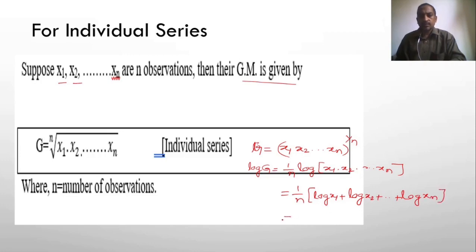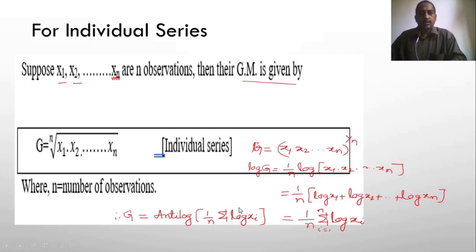This can be written as 1 by n summation log xi, i equals 1 to n. Since we get log G and we need only the geometric mean, G equals anti-log of 1 by n summation over i of log xi. This is how to calculate the geometric mean in an individual series.